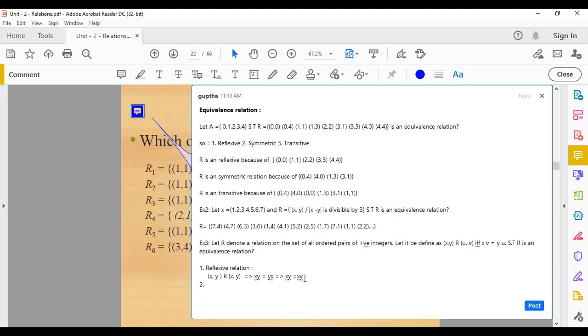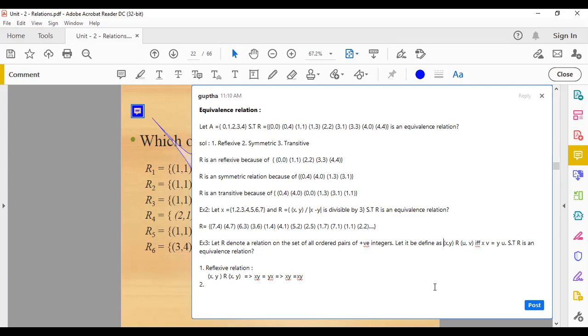And next one is symmetric. Hence it is symmetric, and we want to prove it. Suppose (x, y) is related to (u, v).